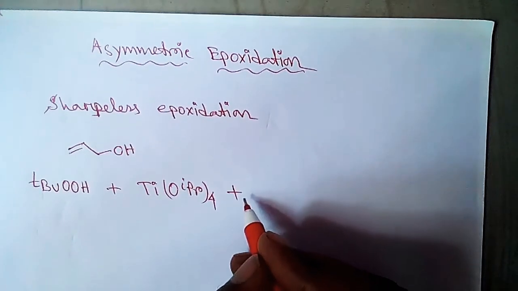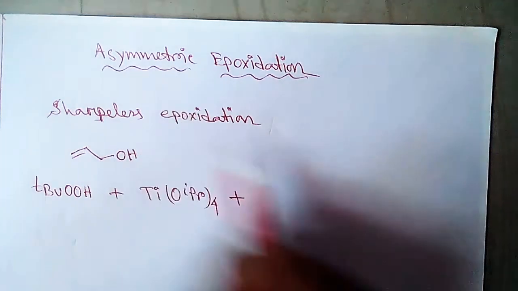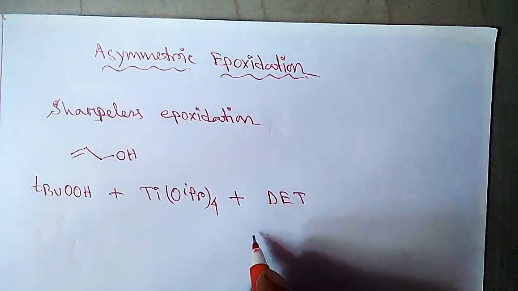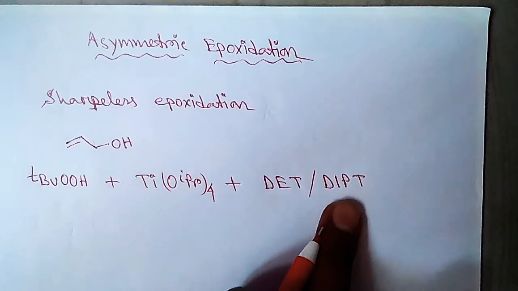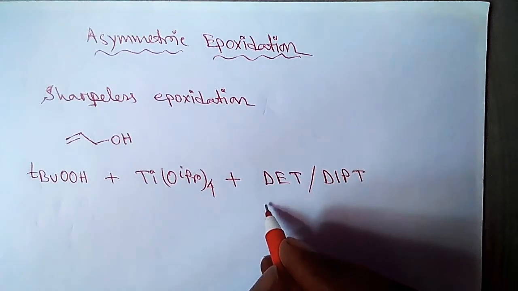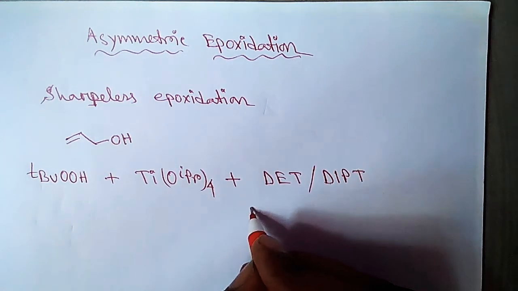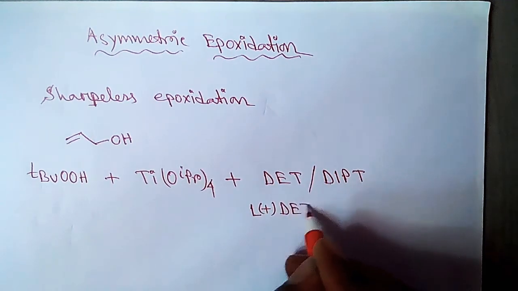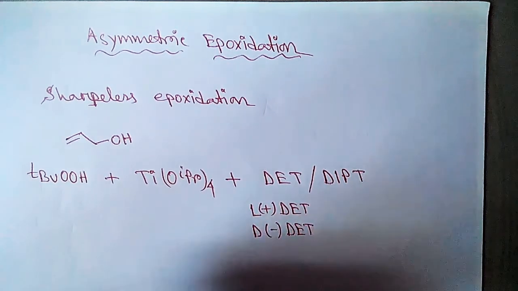and the chiral molecule by which the asymmetry comes is diethyl tartrate (DET) or diisopropyl tartrate (DIPT). The conformation of DET is of two types: one is L plus DET, another is D minus DET.